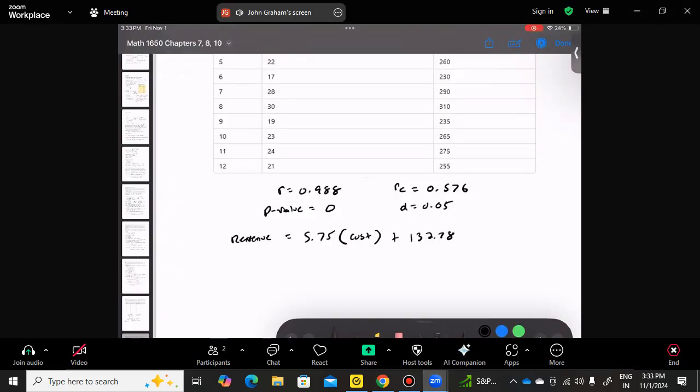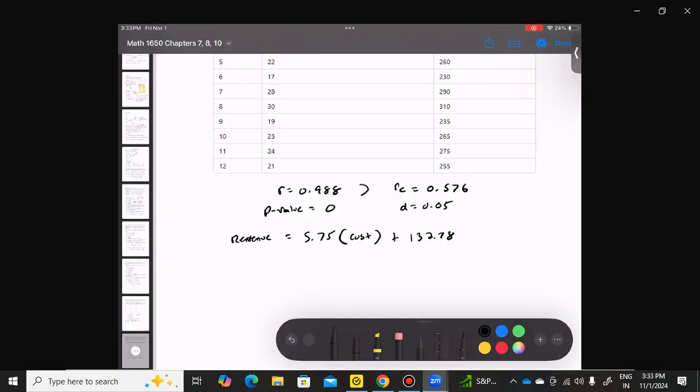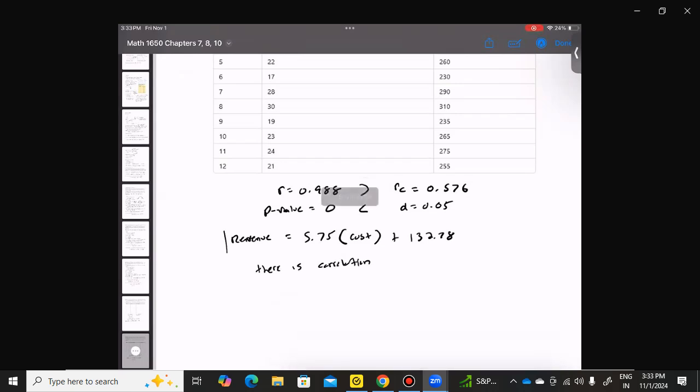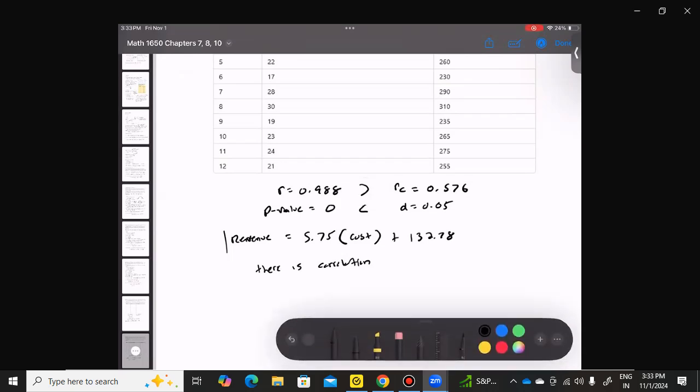Right, so R is greater than the critical, p-value is less than the alpha, so there is correlation, making the equation valid. And so now we have a regression equation to predict, based on advertising costs, what the revenue will be.